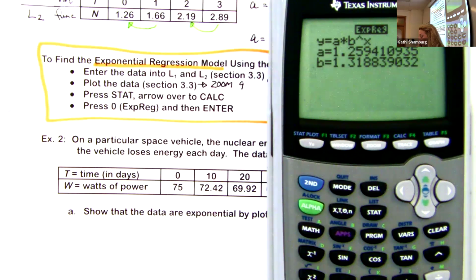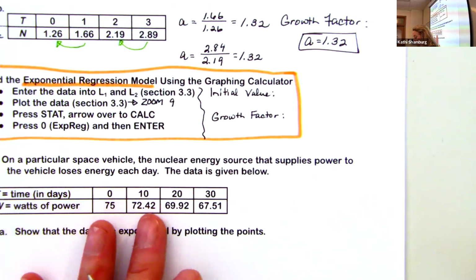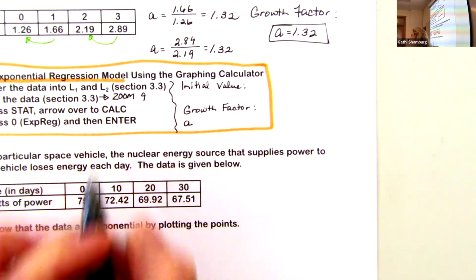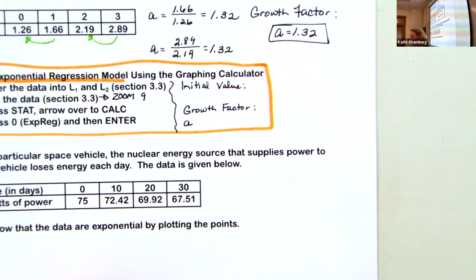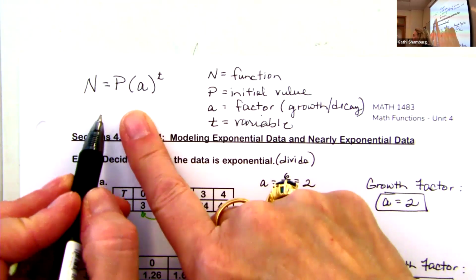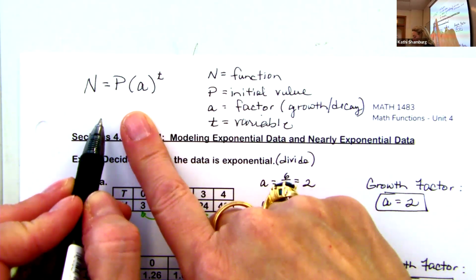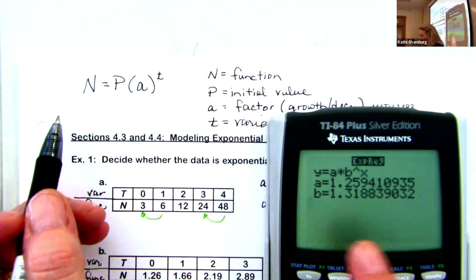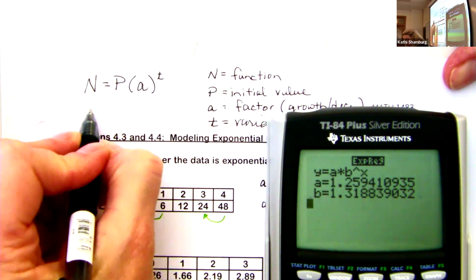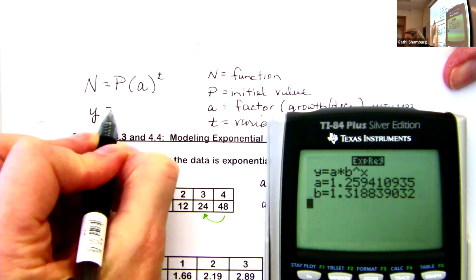Okay, now we need to have a discussion right here. Because for us, the growth factor is A, correct? Okay, well, we've got to be careful in our calculator. So here is our exponential model equation. If you'll look at the calculator right here, for the function n, it uses the letter y.